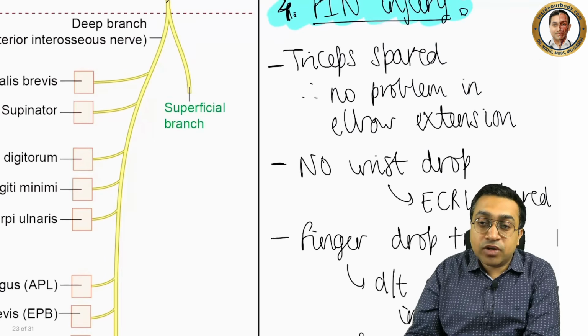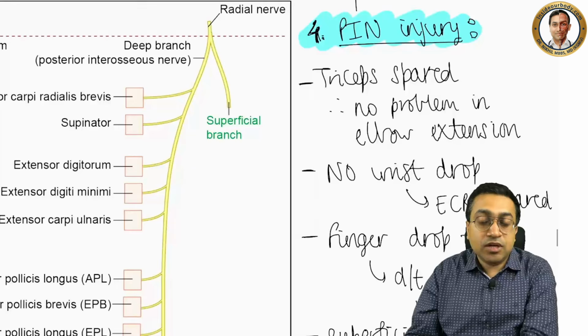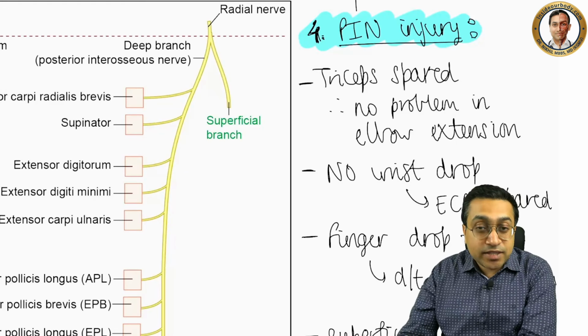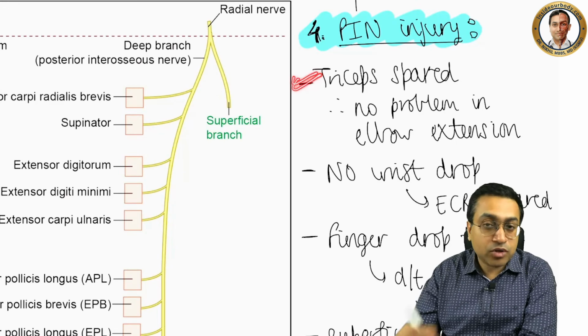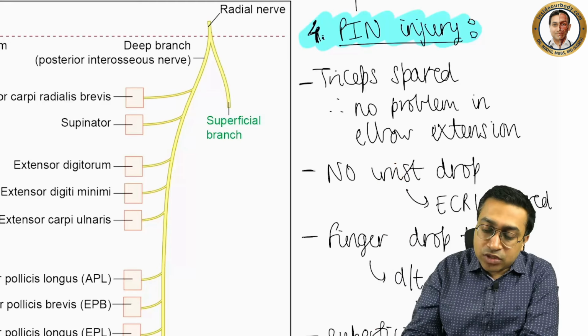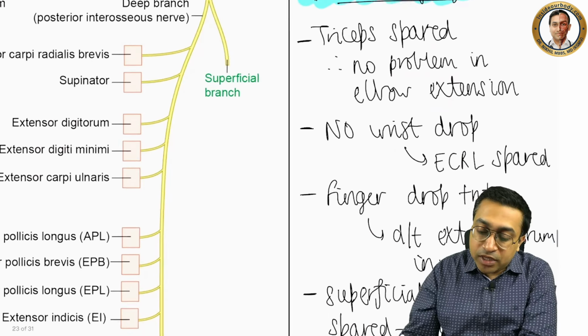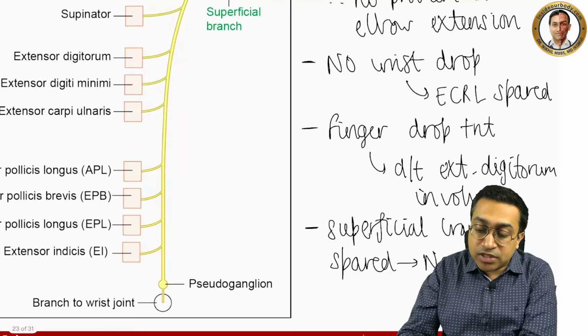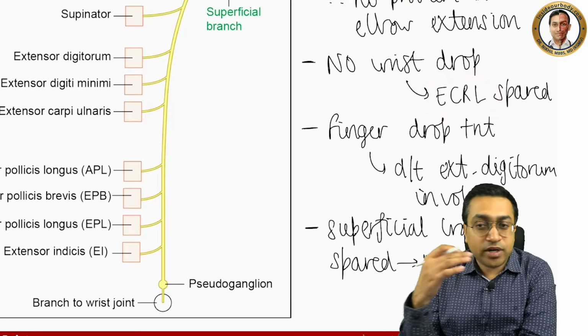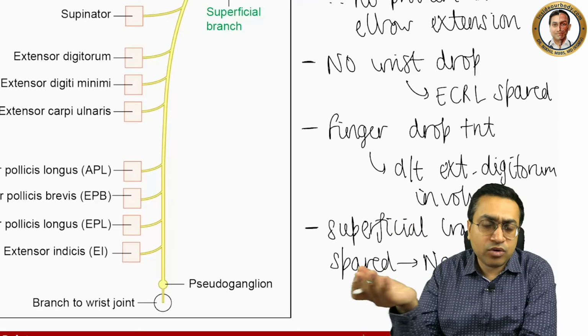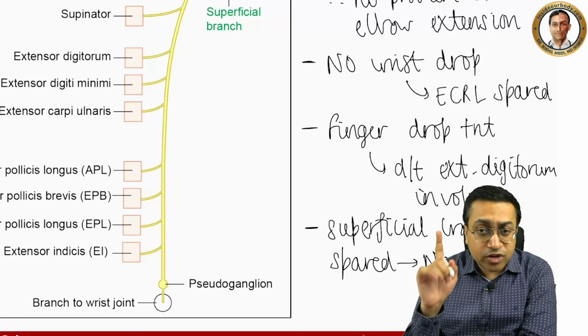Now imagine what will be the features of the PIN injury. The triceps will be spared because triceps was supplied above, so there will be no problem in elbow extension. We are talking about below the elbow, no problem. No wrist drop. Why? Because ECRL was already supplied above, so it will be spared. We are talking about the PIN only.